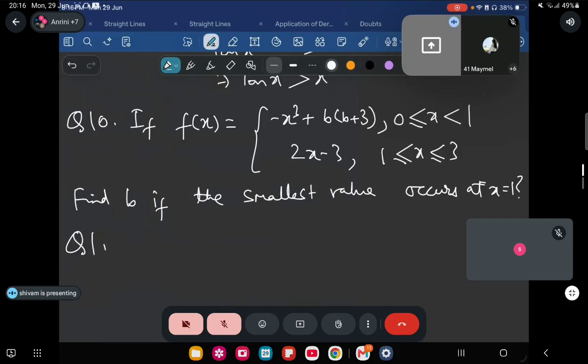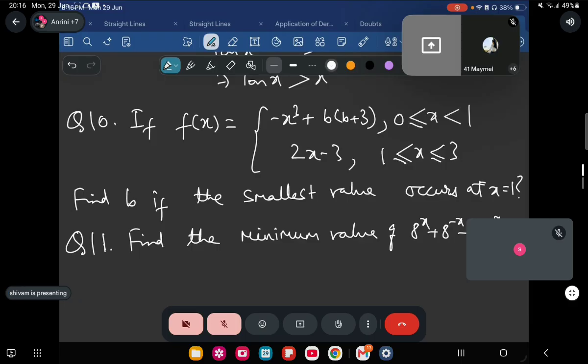Question number 11. Find the minimum value of 8 to the power x plus 8 to the power minus x minus 4 into 4 to the power x plus 4 to the power minus x.